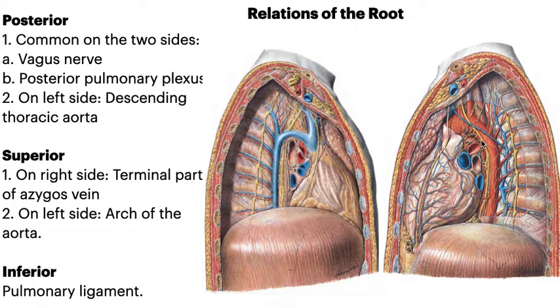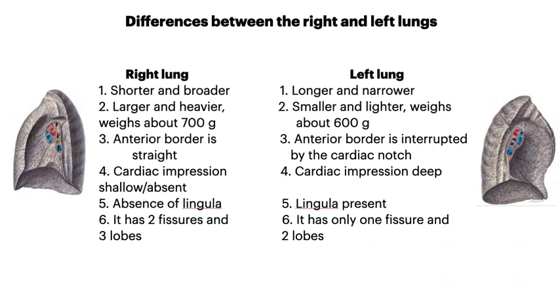See the vagus nerve over here, lying posterior to the root of the lung. The posterior pulmonary plexus. On the left side, we have the descending thoracic aorta. Superiorly, the terminal part of the azygous vein on the right side and the arch of aorta on the left side. And inferiorly again we have the pulmonary ligament.